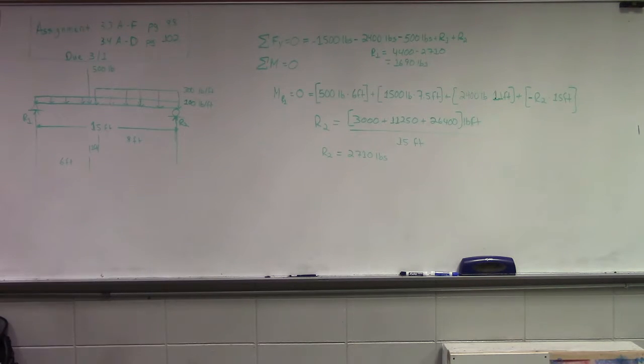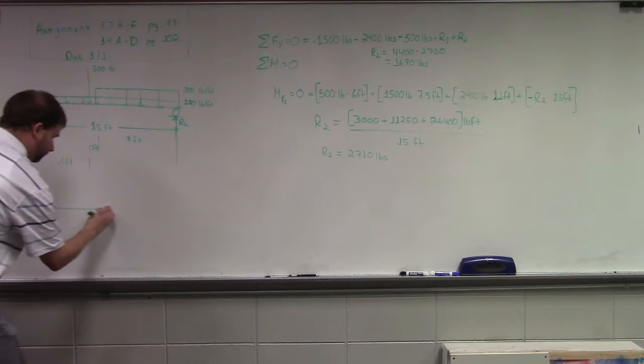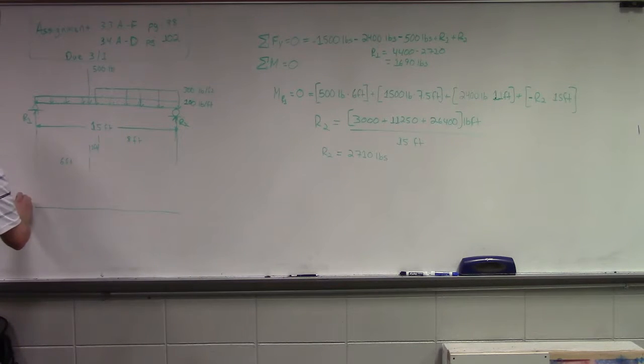So now we know what our reactions are, so now we can draw our shear diagram. When we get just to the right of R1, but haven't gone an appreciable distance, what is our shear going to be? 1690.